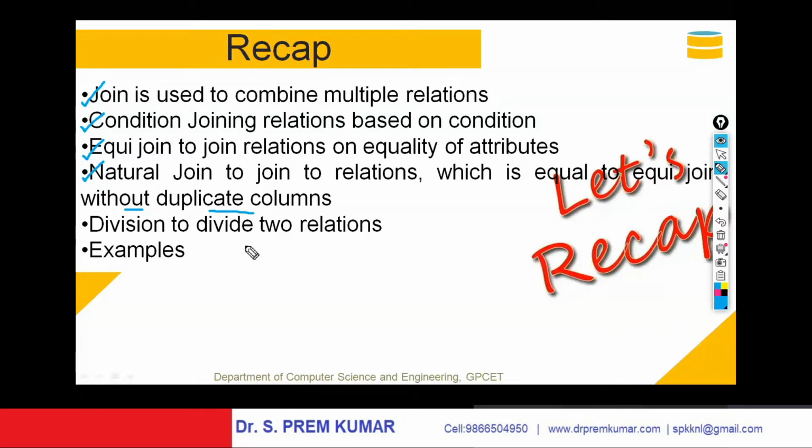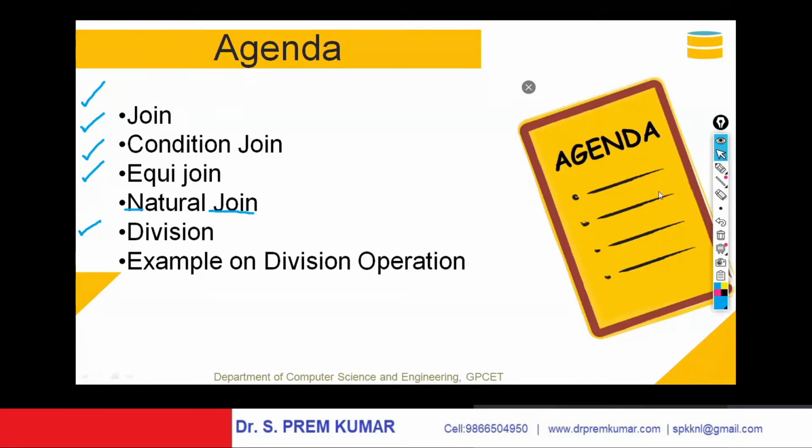And of course, there is a division operation which we discussed. A relation can be divided by another, and based on the division values, the resultant relation will be obtained. In our last class, we worked out some examples. In this class, let us revise all those examples with some additional examples.